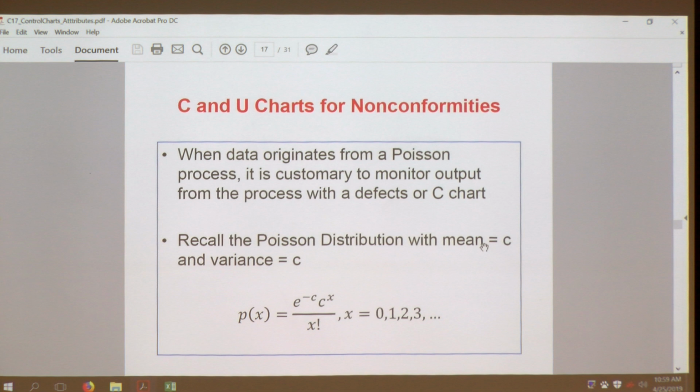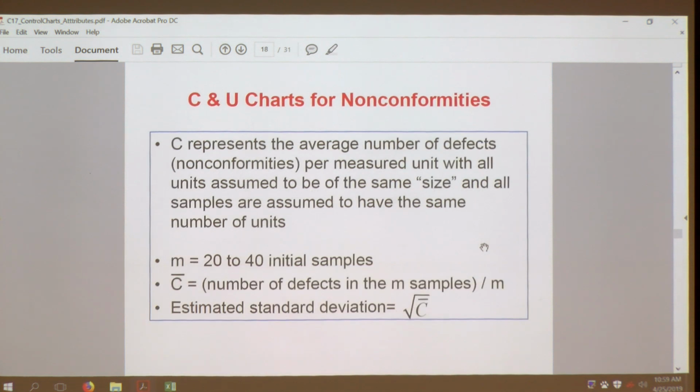Now, how to estimate? C represents the average number of defects or nonconformities per measured unit, with all units assumed to be of the same size, and all samples assumed to have the same number of units.